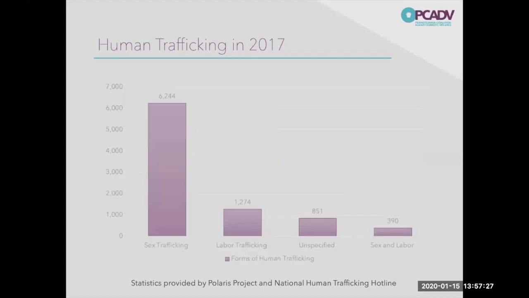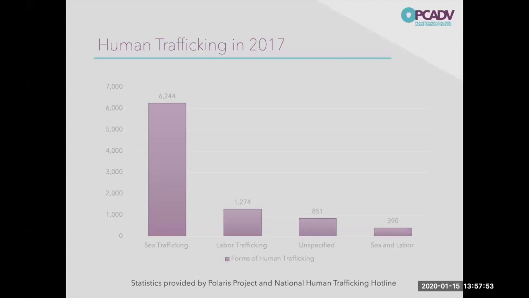You can see here also in 2017, just a breakdown of some of those cases that they are seeing, the forms of human trafficking. So 6,244 sex trafficking cases. We definitely see this as a trend that sex trafficking still remains the most prolific form of disclosed human trafficking.